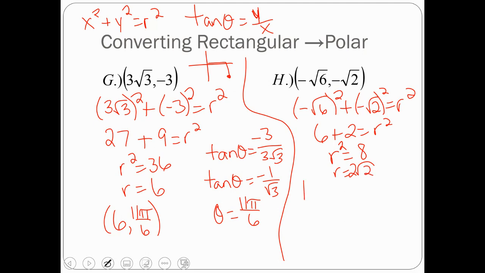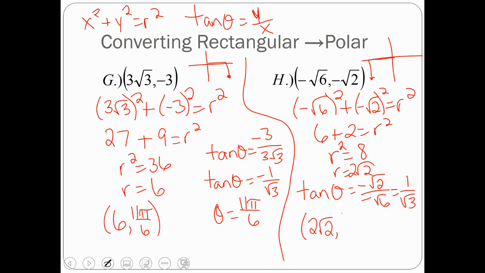To find our theta, we would do tangent of theta equals negative square root 2 over negative square root 6, which is 1 over square root of 3. This point is in the 3rd quadrant. Oh no, it's not going to like that. So we need an angle in the 3rd quadrant of pi over 6, and that would be 7 pi over 6. So this answer would be 2 square root of 2, 7 pi over 6.